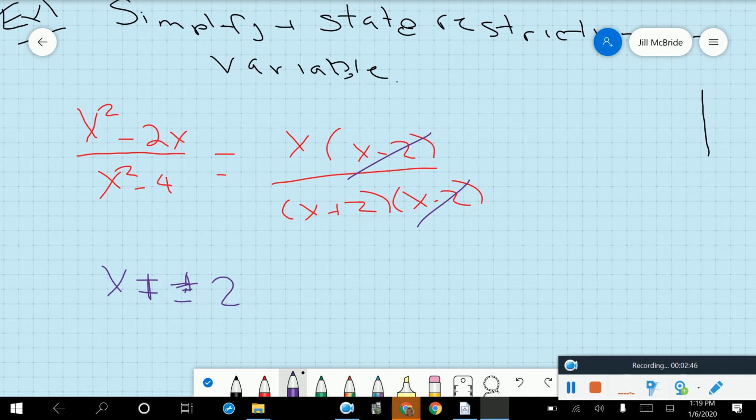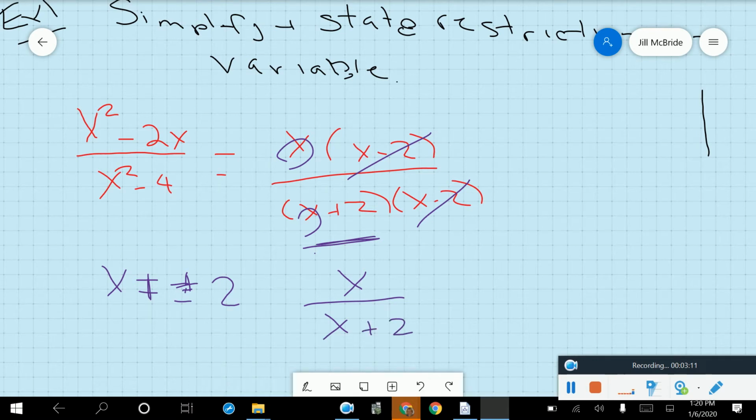Now remember, you have to cancel entire polynomials with entire polynomials. You cannot cancel this x with that x. Okay? The bottom x is part of the polynomial x plus 2. It can't be canceled. Polynomial can't be separated. So my reduced fraction is x over x plus 2. And I simplified the expression and stated the restrictions.